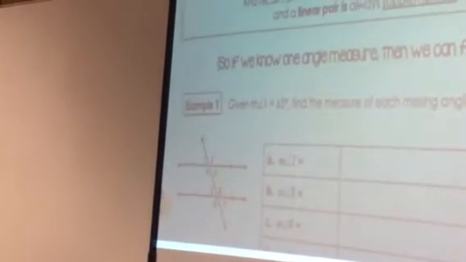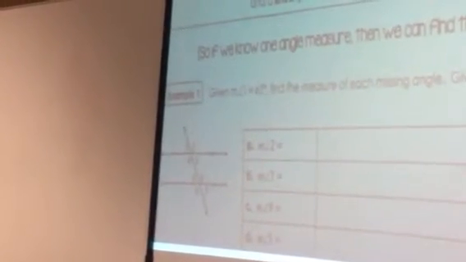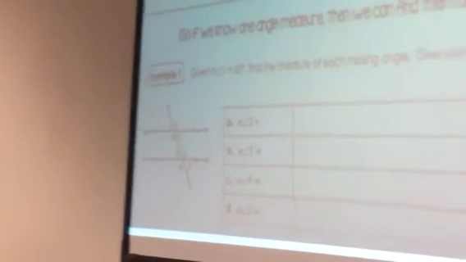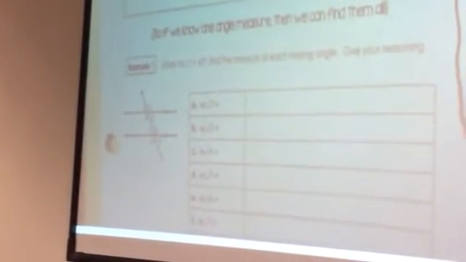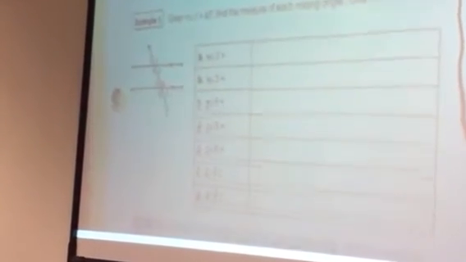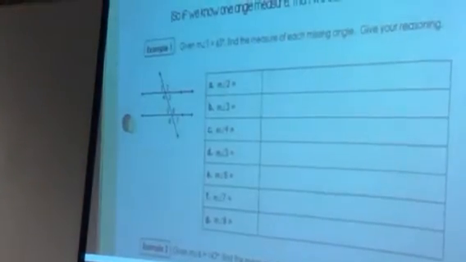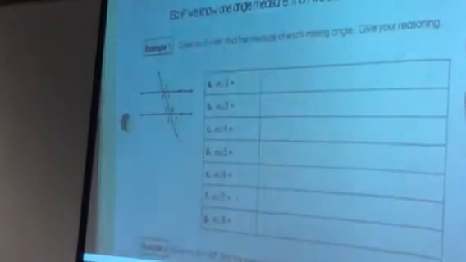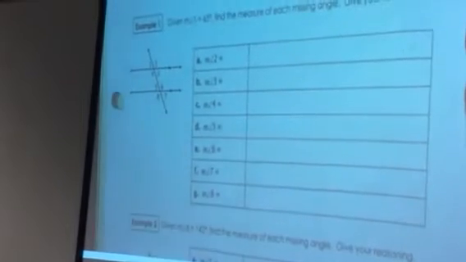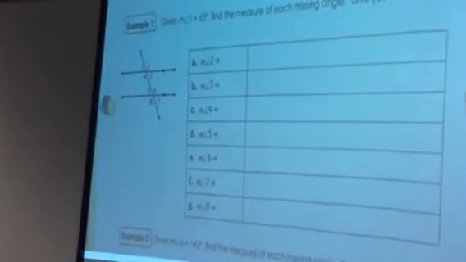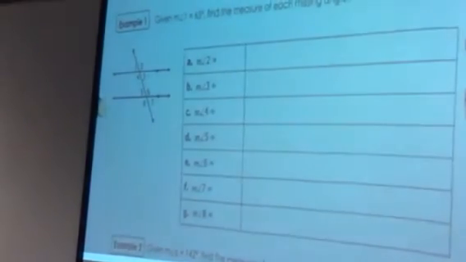Alright, so basically what we're doing now is figuring out, you still see that good on there? Figuring out all these 8 angles up here when I'm only given one of them.